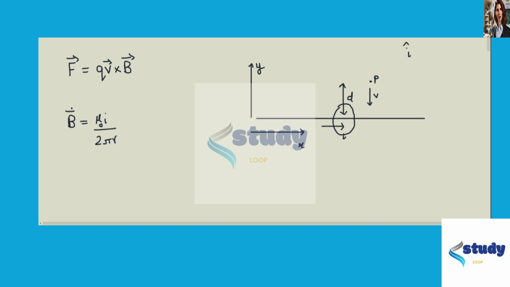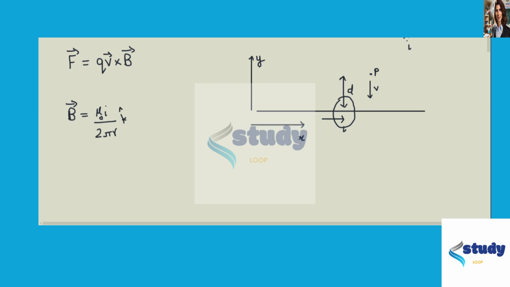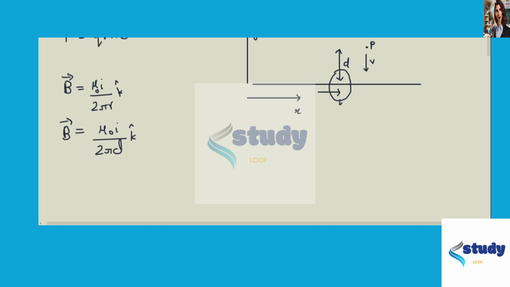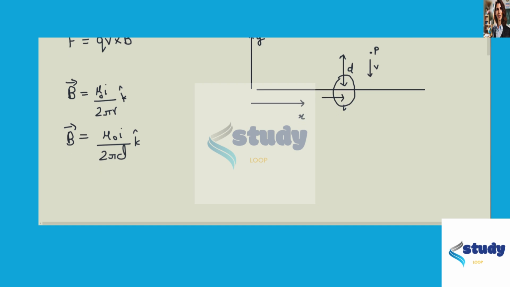So our vector equation will be B times k hat. Now we can substitute our values, so we can just write r equals d over here. That gives us B equals mu naught I divided by 2 pi d times k hat.